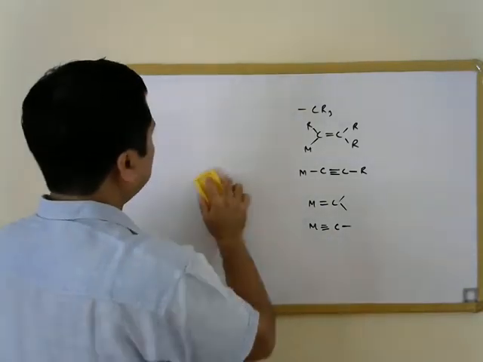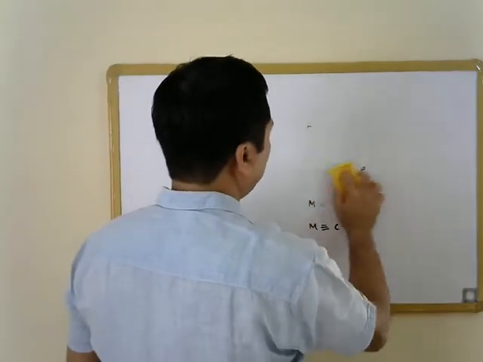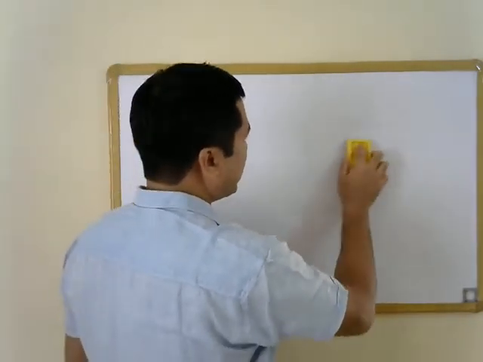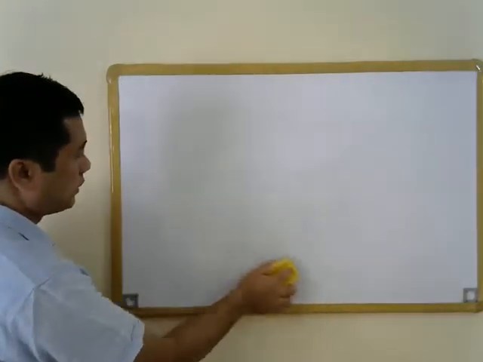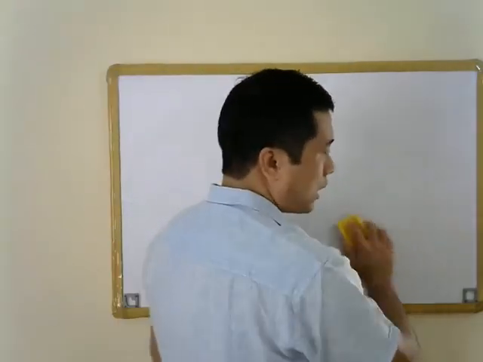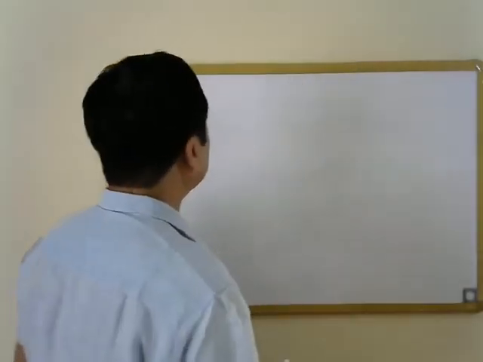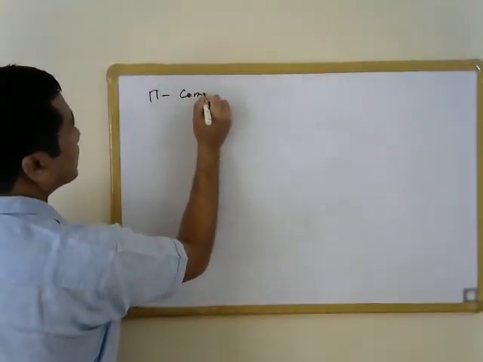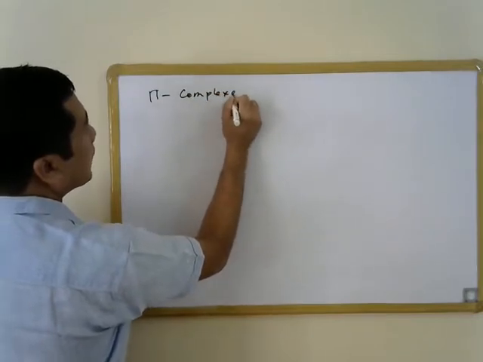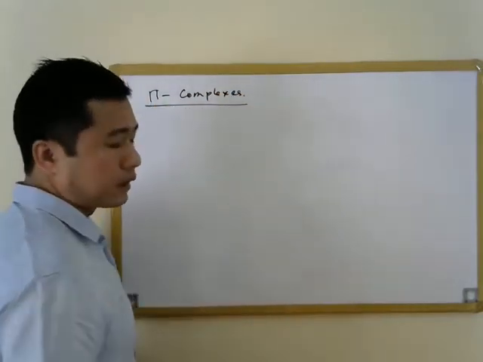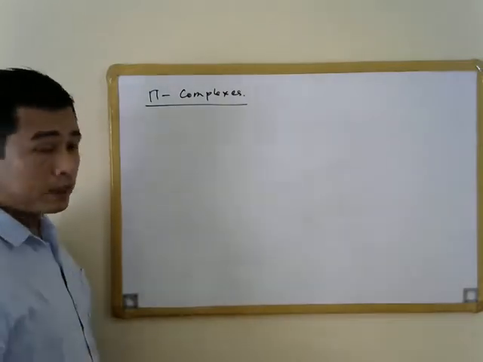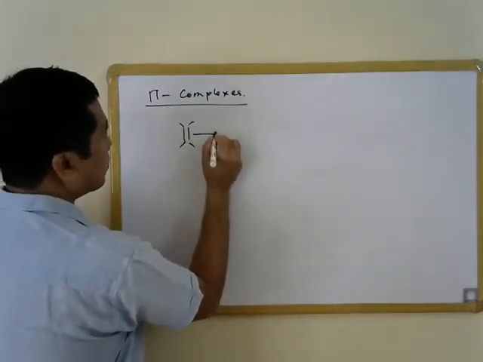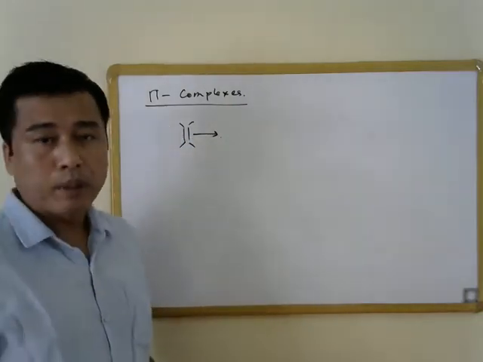Such ligands, which form complexes with metals by donating electrons from a pi type orbital, are categorized as pi complexes.